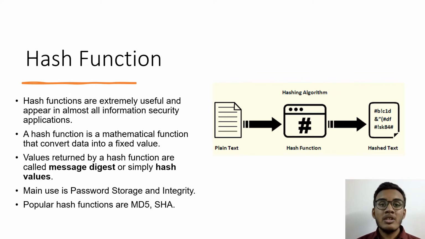It is mainly used to store passwords and to check the integrity of the data, that is, whether the data is tampered or not. The popular hash functions are MD5 and SHA, the secure hash algorithm.